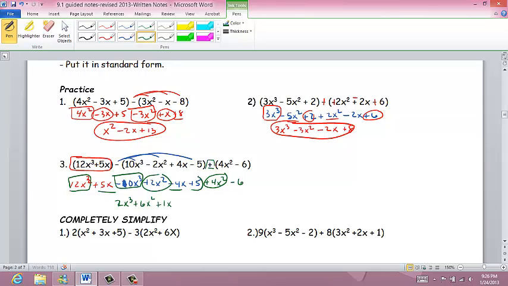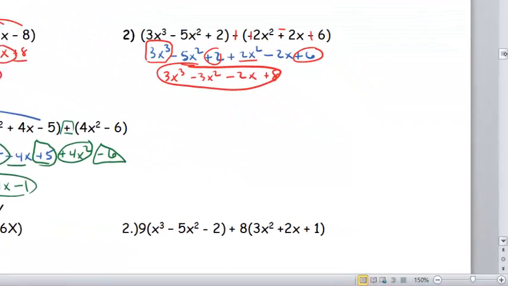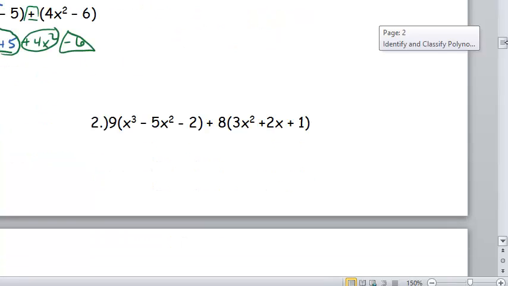Then 5 minus 6, sorry, is going to be negative 1. And here's what we get when we simplify this polynomial. So subtracting is not very much different than adding. The only thing is you have to remember to distribute that negative.